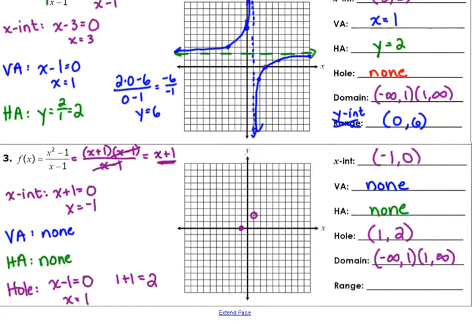It's a hole instead of a vertical asymptote. Y-intercept. Plug in 0. You can plug it into the original or you can plug it into the simplified. Might as well plug it in the simplified, right? 0 plus 1 is 1. So 0, 1 is our y-intercept.